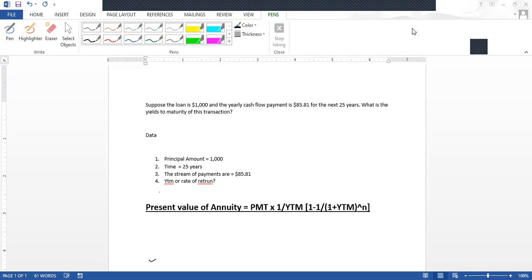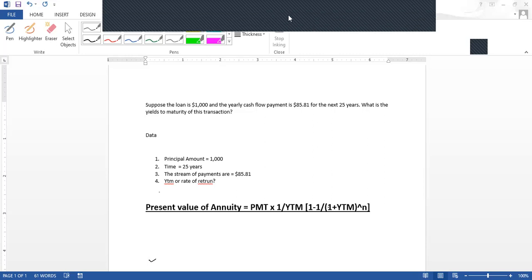Actually, yield to maturity is the interest rate that measures how much we are earning on this amount. So simply we have to calculate what is the rate of return or yield to maturity. So let's solve this problem, again I'm repeating, with the support of a scientific calculator. So let me pick the scientific calculator here.